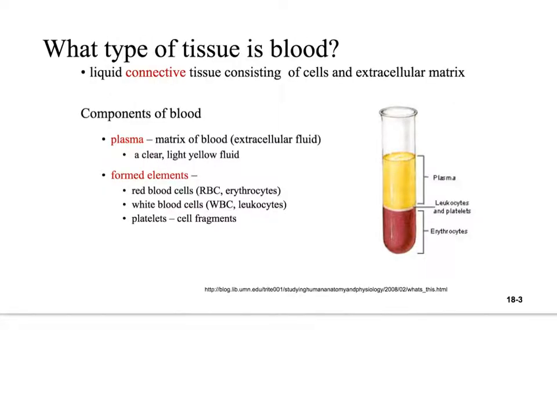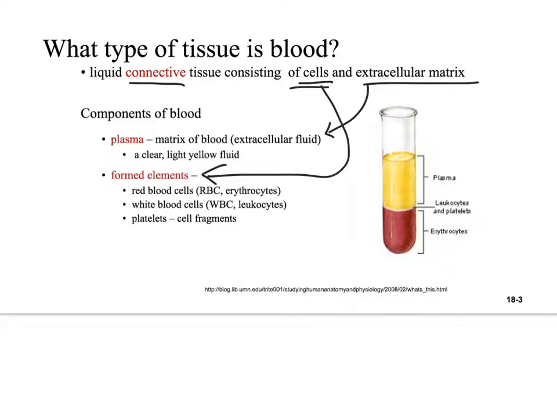Okay, so if you think back to histology, blood is a connective tissue. It has cells. The cells we call formed elements, and then the extracellular matrix is going to be plasma.